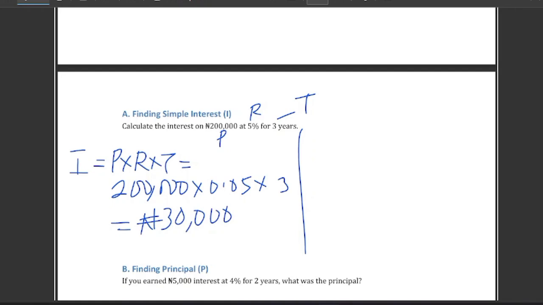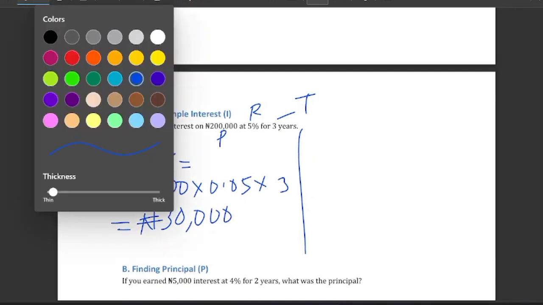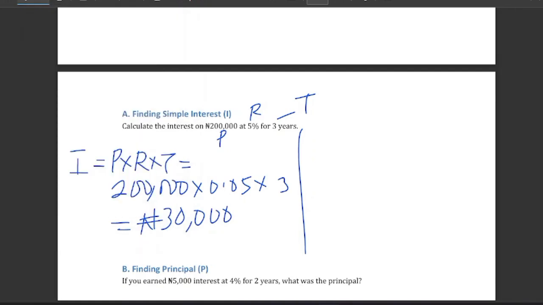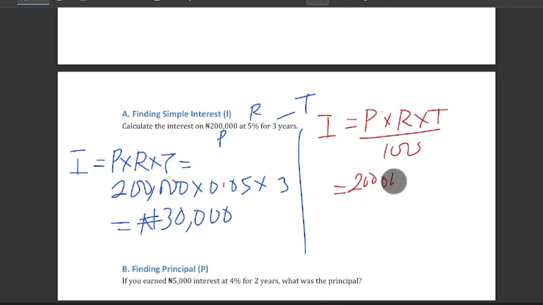But if we want to apply the other formula, we can apply it this way. I equals P times R times T over 100. In this case, the principal, which is 200,000, multiplied by the rate. The rate is what?